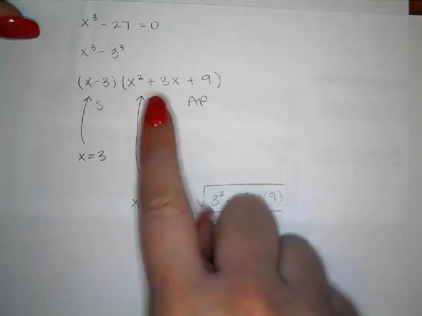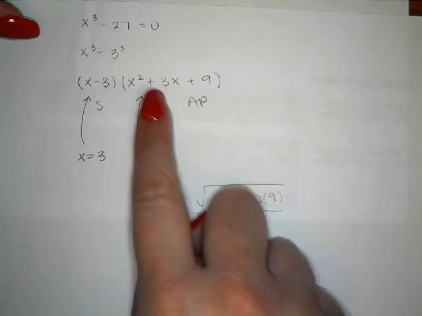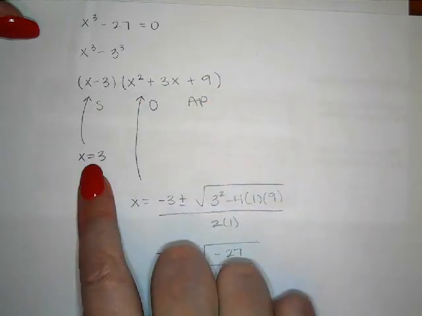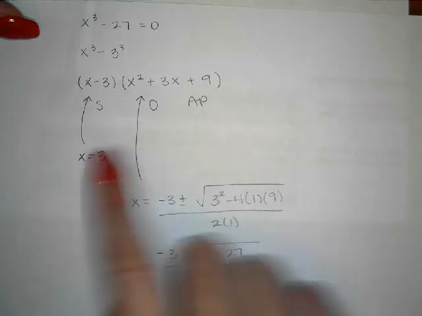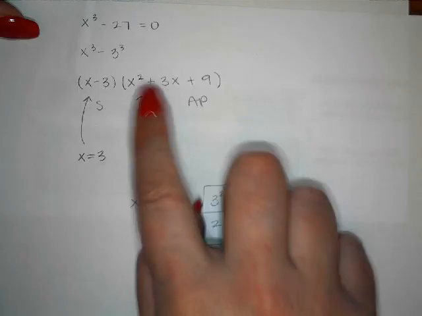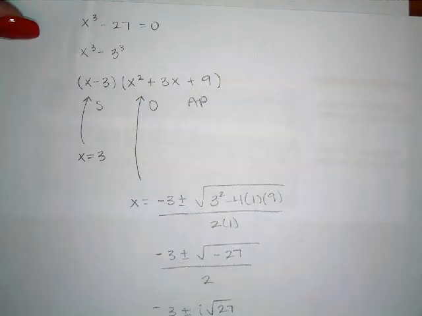And then this first factor is where you get your real answer from. Still a complex solution, but it's only got a real portion. And then over here, this quadratic that's left over, you always would have to use the quadratic formula to solve because it's not factorable.